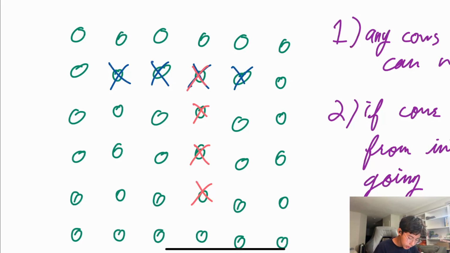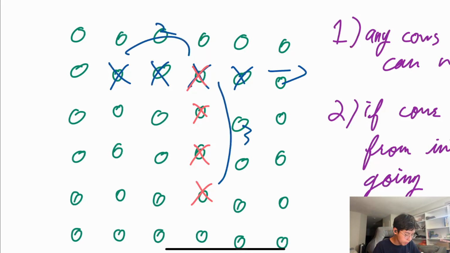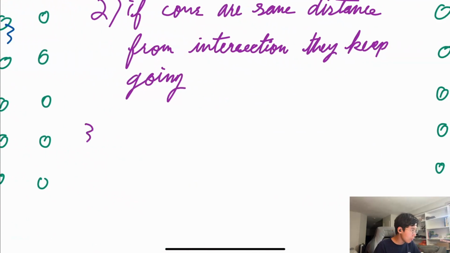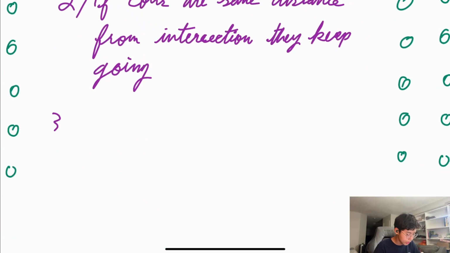In this case, blue keeps going and red cannot keep going. It stops there. So distance here is going to be distance of 2, and distance here is going to be distance of 3. So the third thing that we could realize here, cow that is farther away stops going at an intersection.